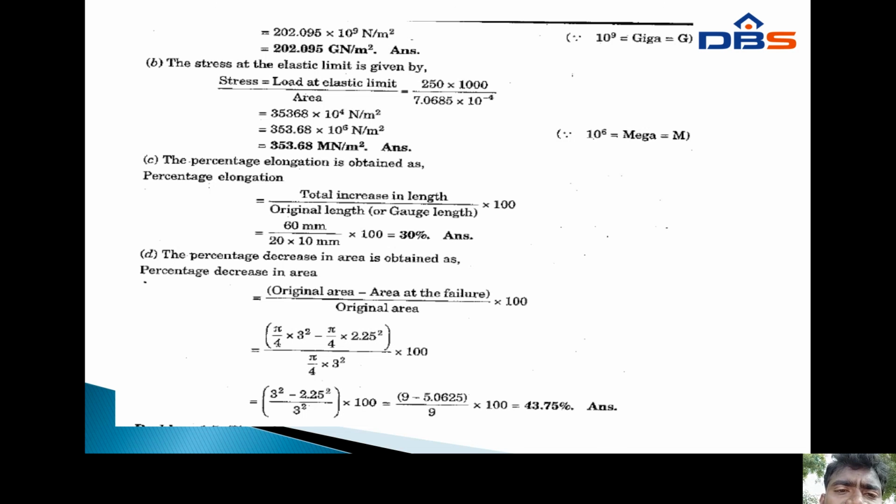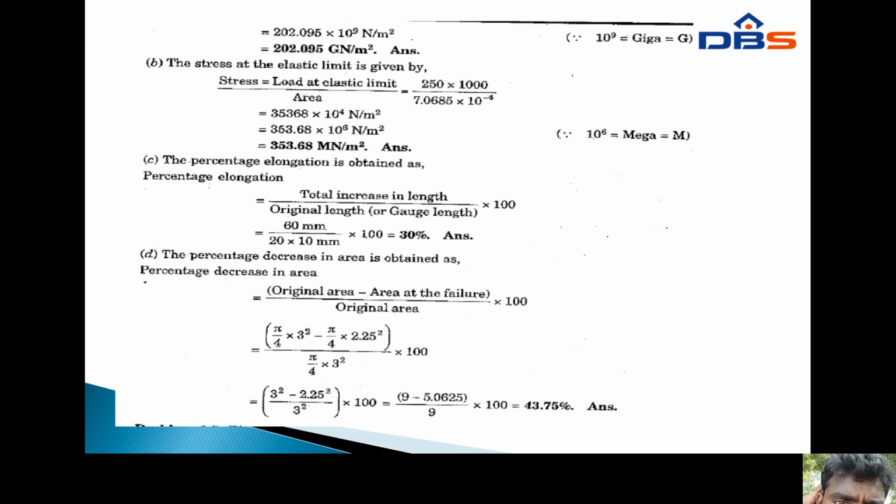Next, the percentage elongation is obtained. The percentage elongation means total increase in length by original length into 100. Total increase in length equal to 60 mm divided by original length 20 into 10 mm, that equals 30%. Total elongation of the rod is obtained.